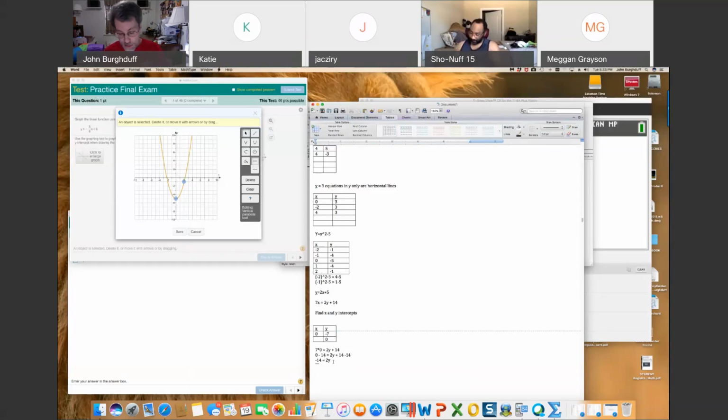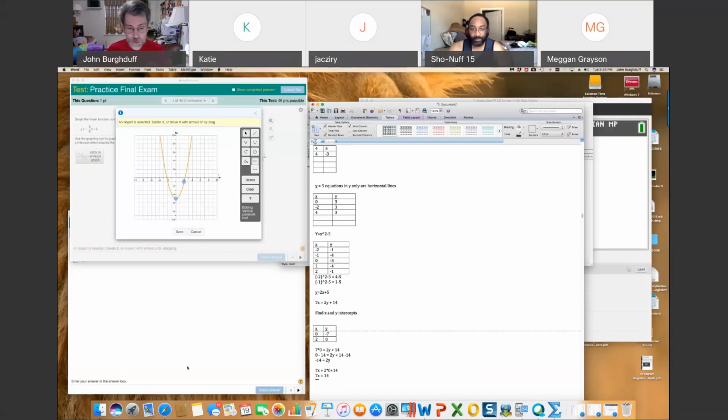So if I go back to the equation and plug in a 0 for y, I have 7x equals 2 times 0 plus 14. That gives me 7x equals 14. Divide both sides by 7, and your x value is 2.